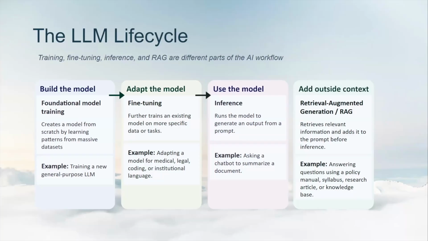And then once you're using the model, you can add outside context. And this is what we call retrieval augmented generation, or RAG. This is a common workflow where it's essentially just running the model, but you have an extra database, let's say, that the model has access to, and it can go and retrieve data from that database based off of the context, and then inject that context into your context window to use when it's computing the output.